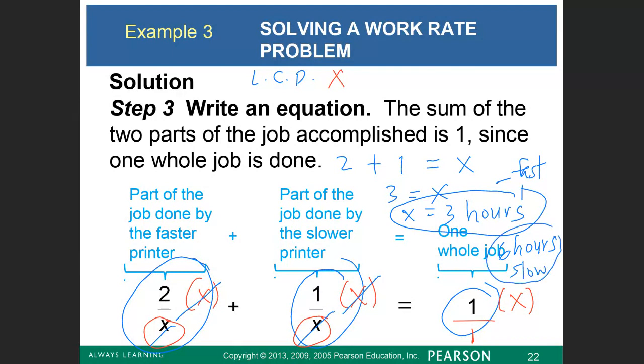Okay, so fast printer, and then this is the slow printer here. Okay, so you have two answers, 3 hours for the fast printer, and then the second one is 6 hours for the slow printer.